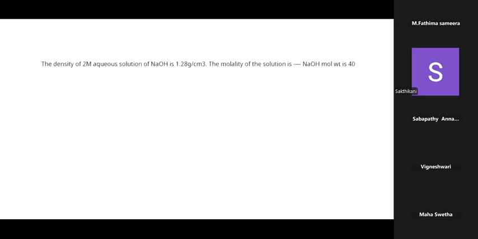The density of a 2 molar aqueous solution of NaOH is 1.28 gram per centimeter cube. A number of problems are asked like this. First of all, it is a 2 molar solution, which means 2 moles of NaOH are present in 1000 ml of the solution.